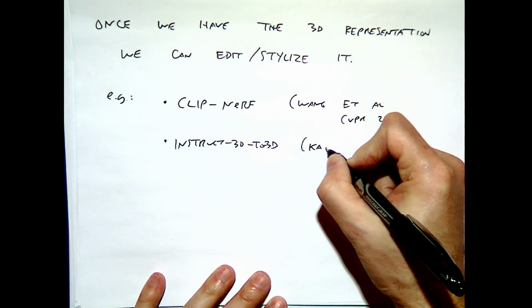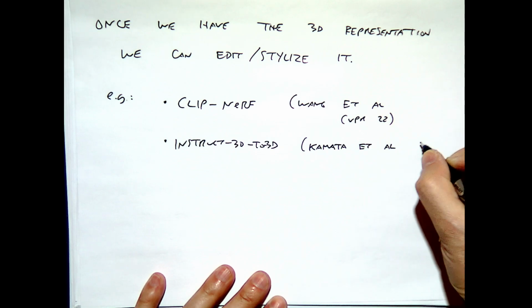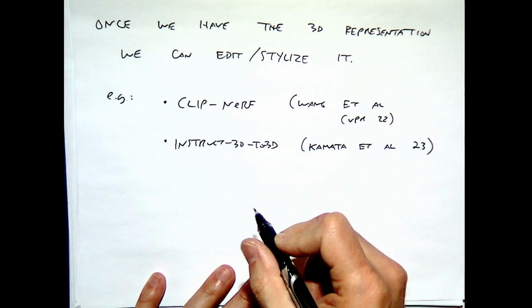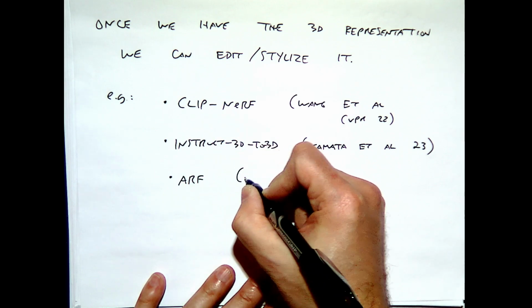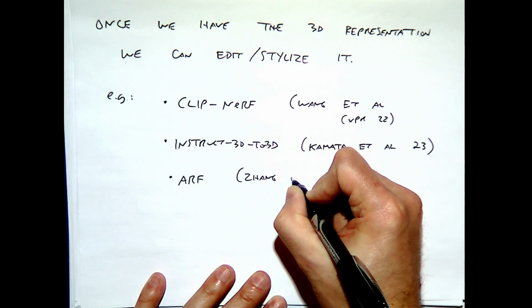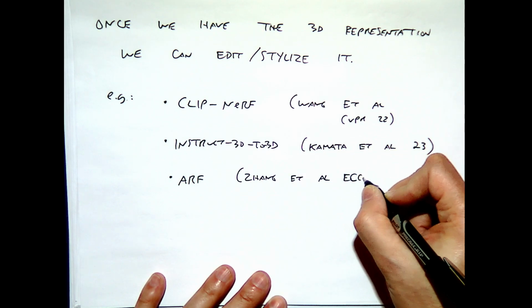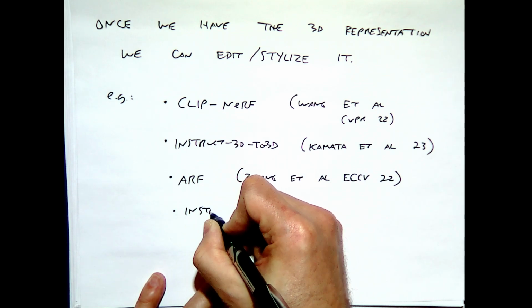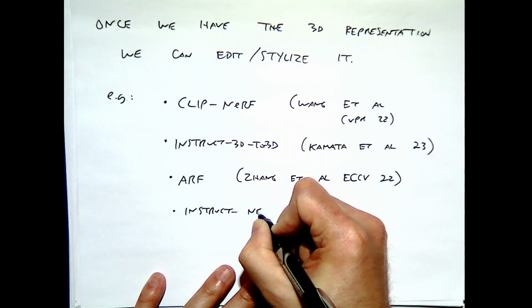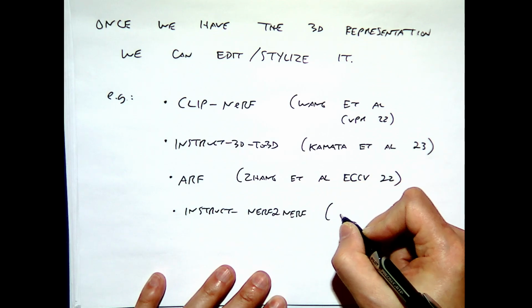So this was by Kamada et al. This year. I'm not even sure where this paper appeared. Then ARF was, again, recently in ECCV last year. And then Instruct NeRF to NeRF was also just recently.